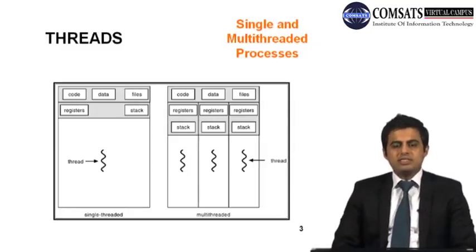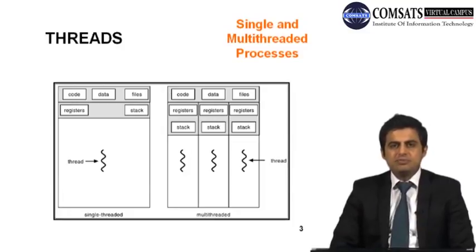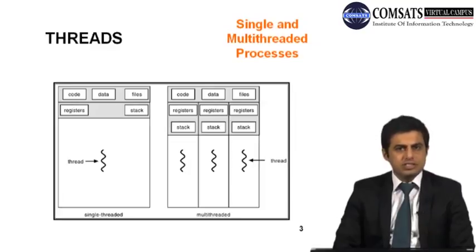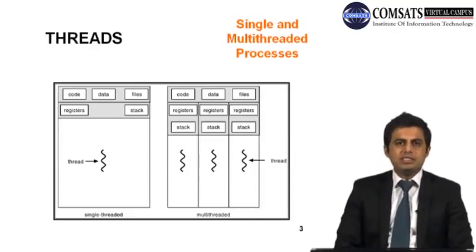So first of all, what are threads? Basically, threads are units of programming which can run concurrently, in parallel, and the time distribution in a program is different from that in processes.